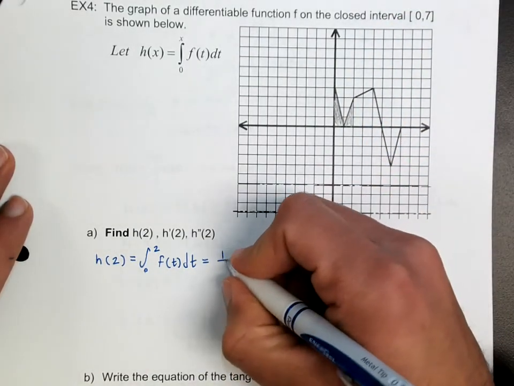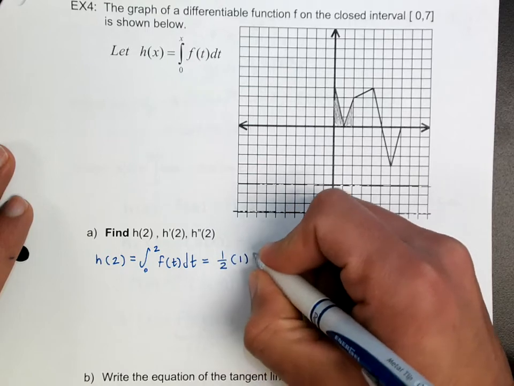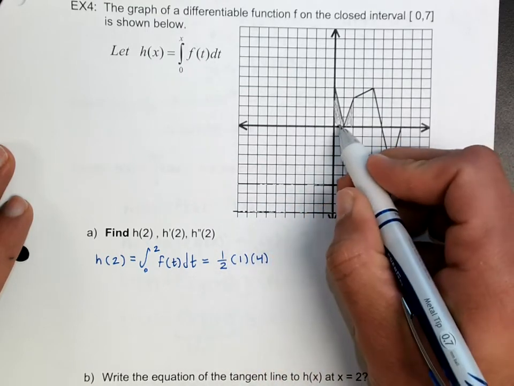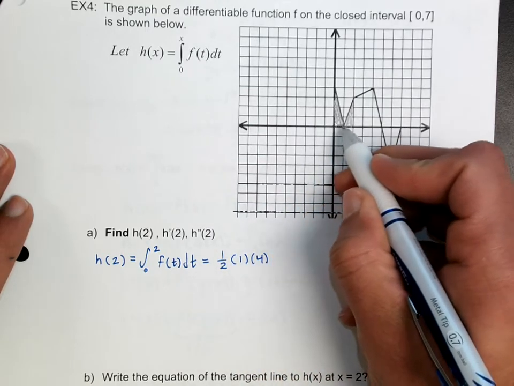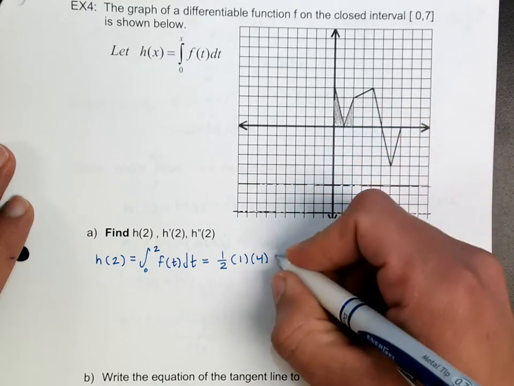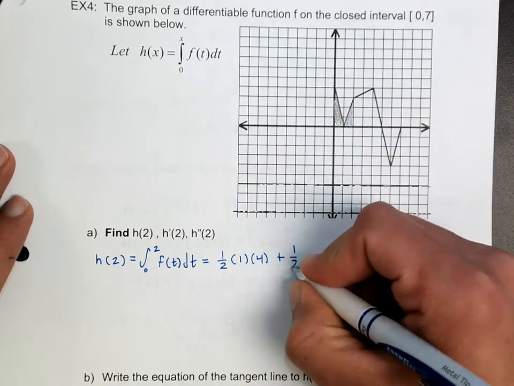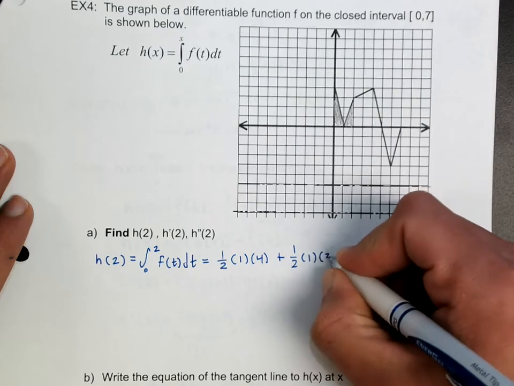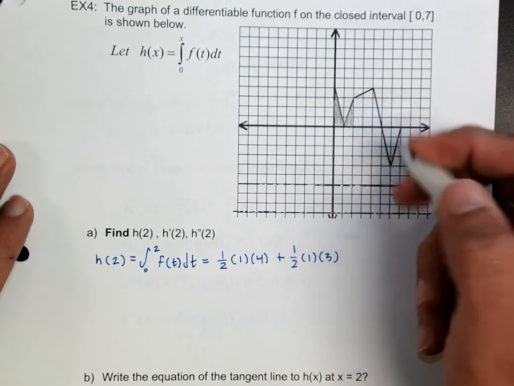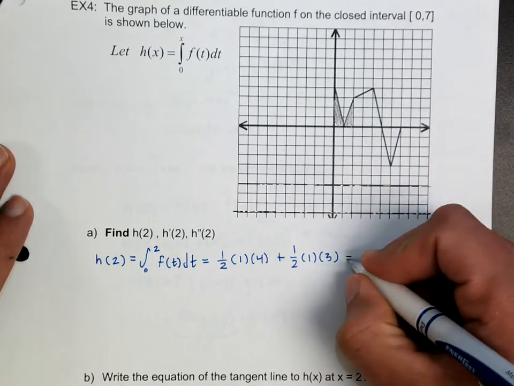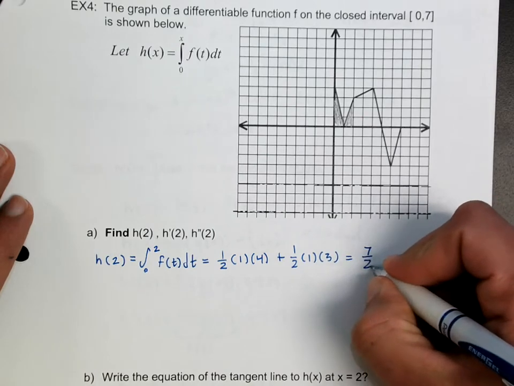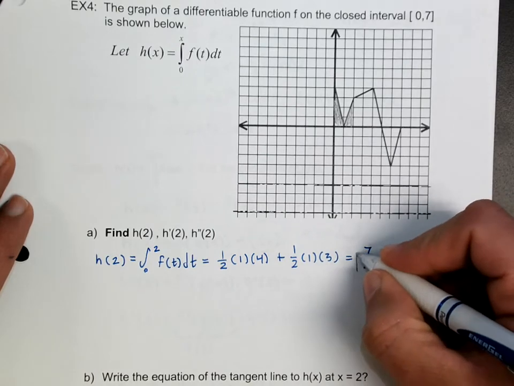So this is 1/2 times 1 times 4, the base of 1 and the height of 4, plus 1/2 times 1 times 3, the height of 3. If you do the simple math here, you get 7/2.